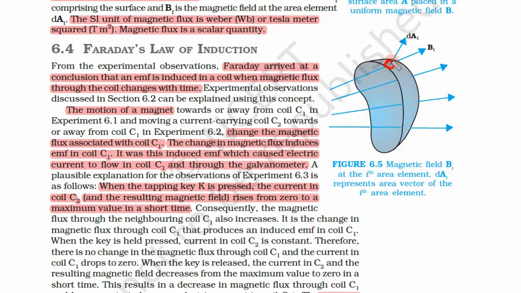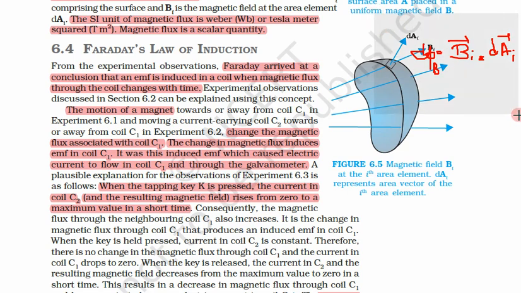The magnetic field direction is this and the normal to the area is in this direction, and the angle is again theta. Or we say simply d phi B is equal to Bi dot dAi. This is what we get.